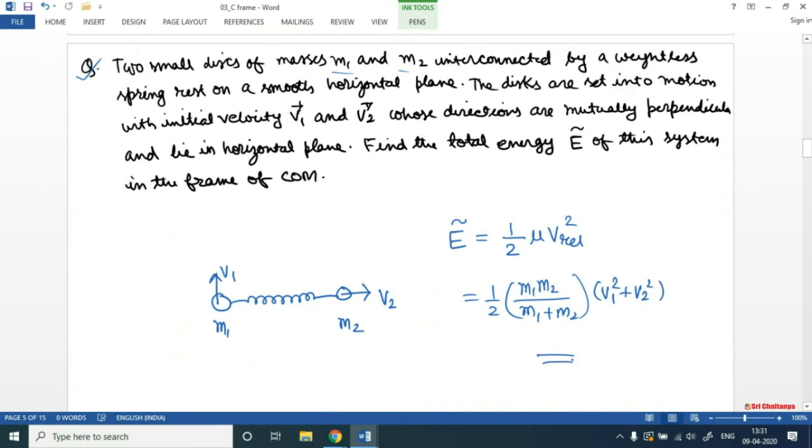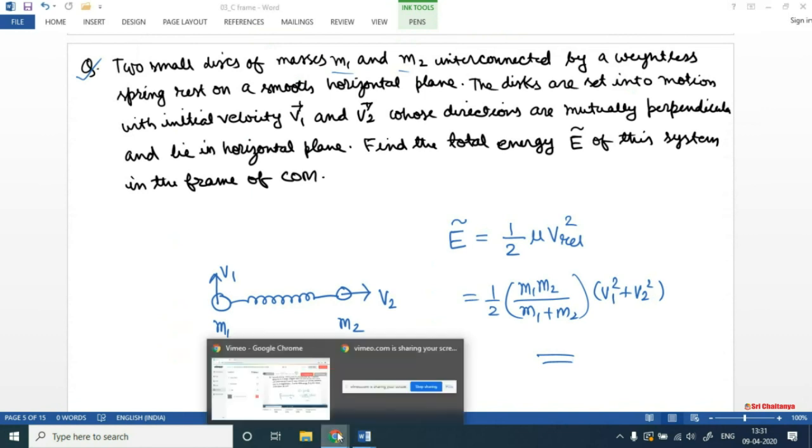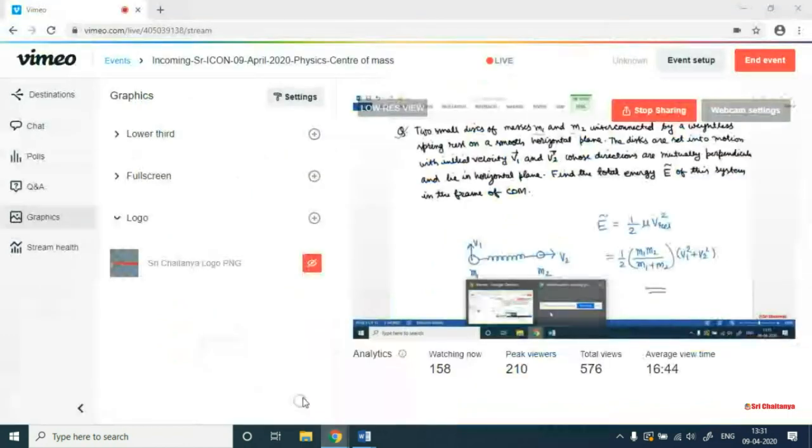Okay, so this is a little bit about center of mass and its motion. Let me get back to the webcam and stop sharing. So in today's lecture we discussed how to find the position of the center of mass, the velocity of the center of mass and the acceleration of the center of mass, and looking at those values, how we can predict the dynamics of motion of a system of particles.